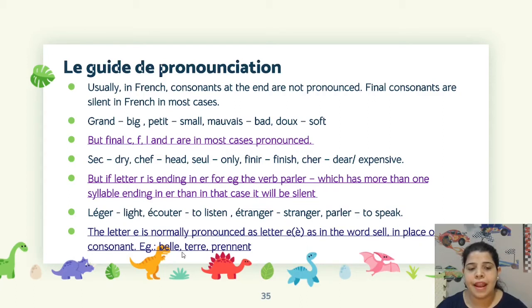Bell, there, pren. You see, after E there are double consonants, double L, double R, double N. So we say it as A even though we don't have the accent grave in these three words.